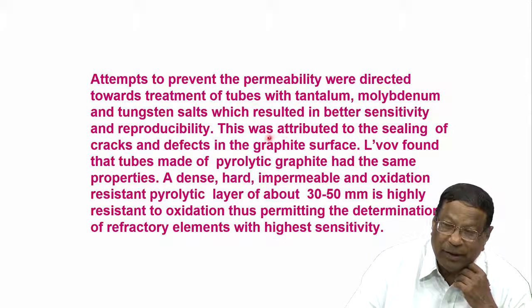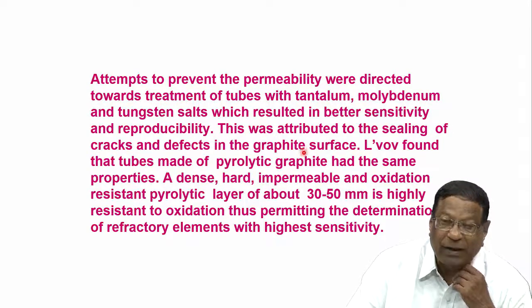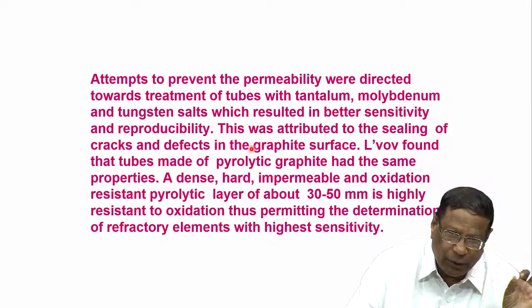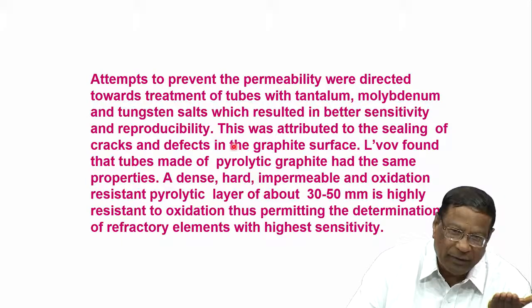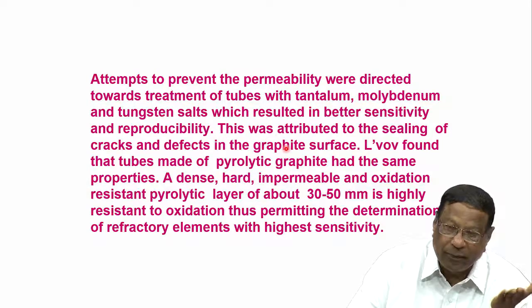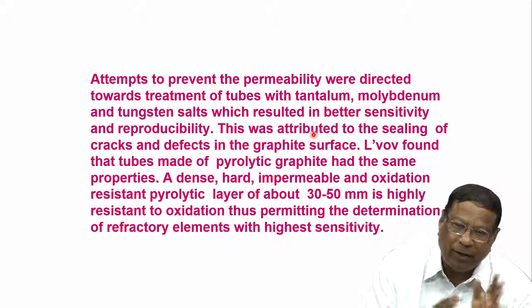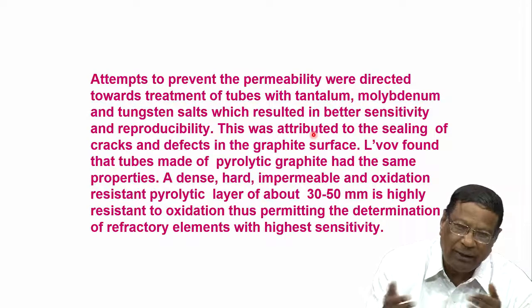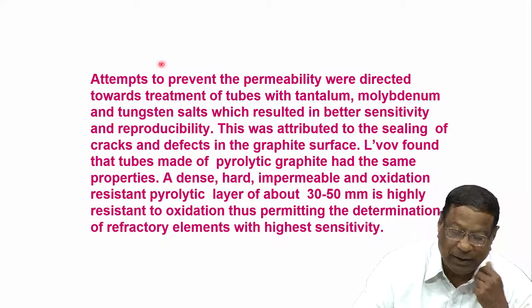We attributed it to the sealing of the cracks and defects in the graphite furnace, because the graphite tube is basically a surface, and they thought that whatever is permeable, if I put some tantalum salt, it will coat the pores and then no more permeation is possible.